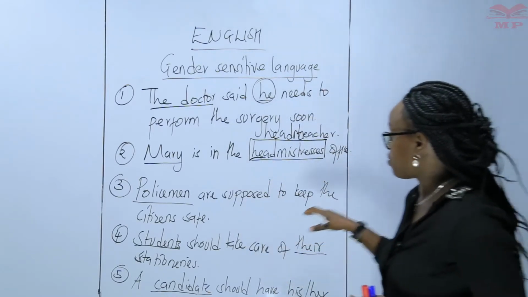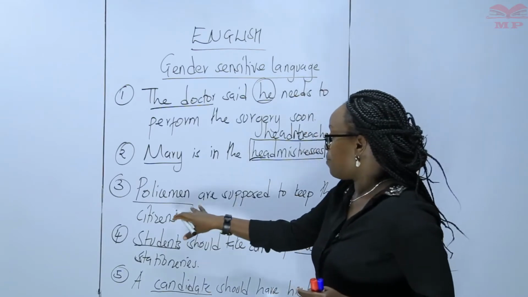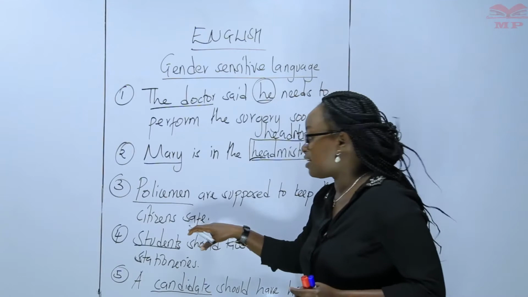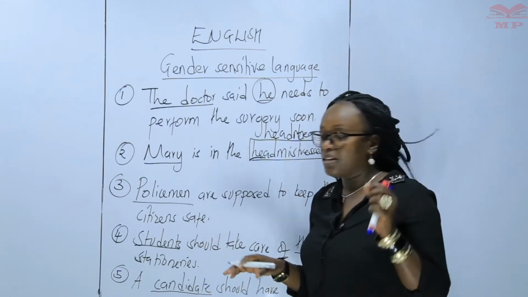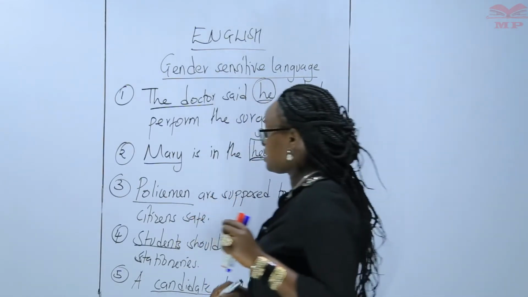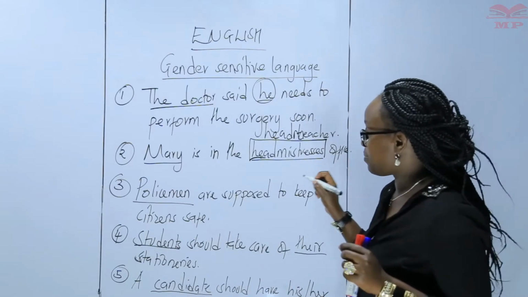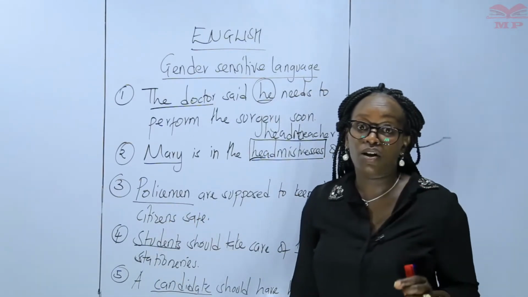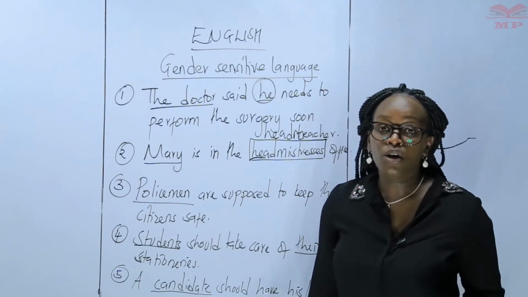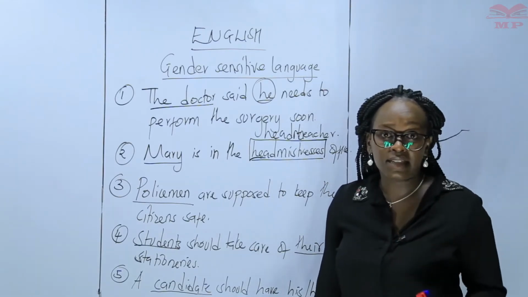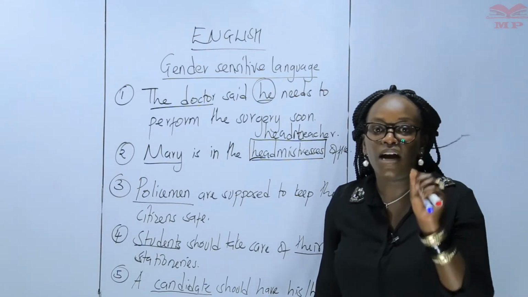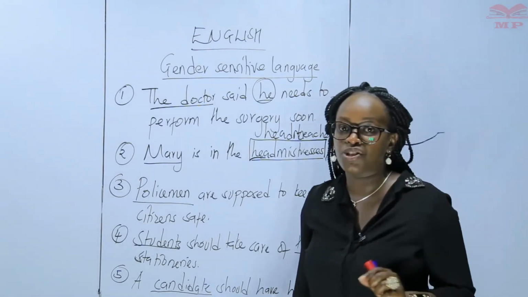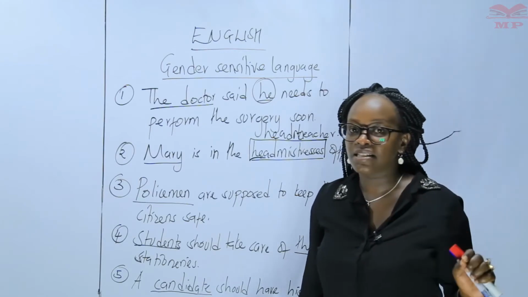Let's move on to the third sentence. Policemen are supposed to keep the citizens safe. This sentence is also gender insensitive or gender biased, because among all the people that work round the clock to make sure that we are safe, to protect us against any attacks and to just keep us safe, we have some that are mothers, some that are sisters to people, some that are sisters-in-law to people.